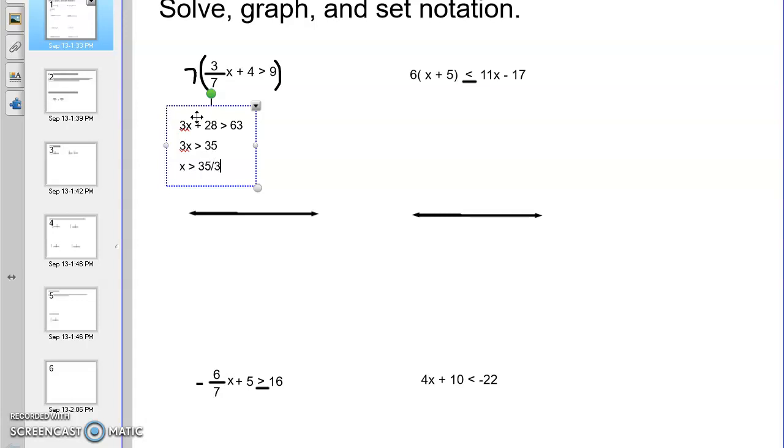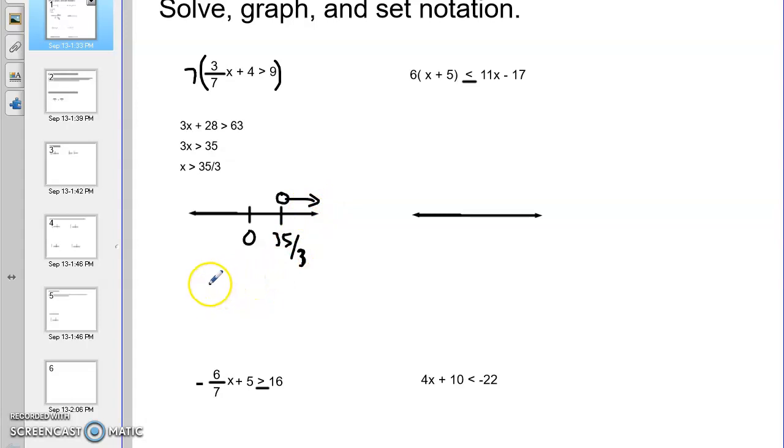Now, I have to graph that on the number line, so I'm always going to put my 2 spots there. Okay, we're going to do 0, 35 over 3. Because it is greater than, it is an open dot, and we are going to the right.